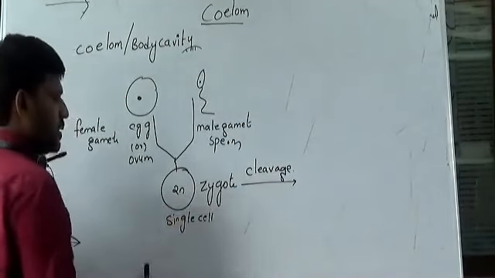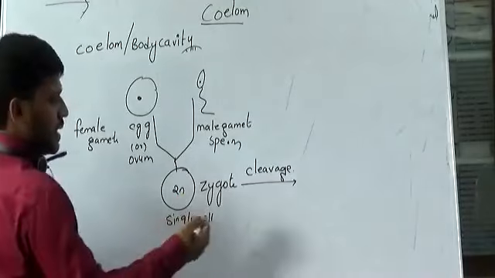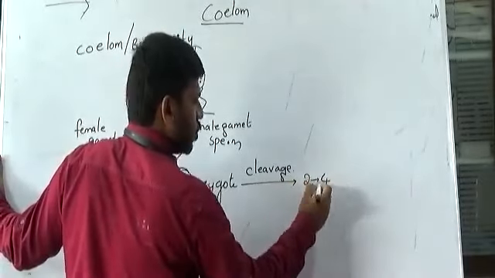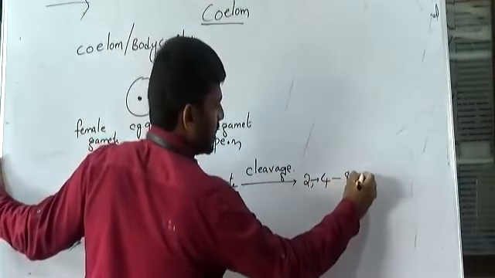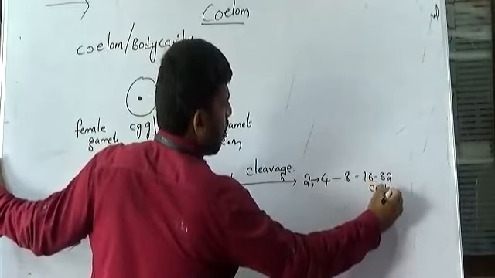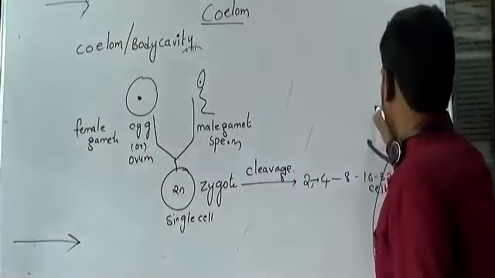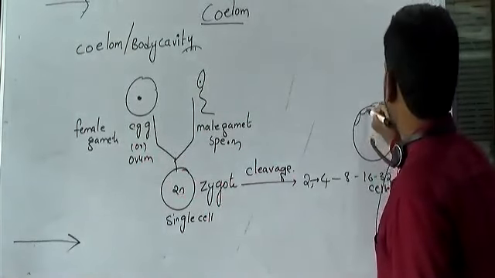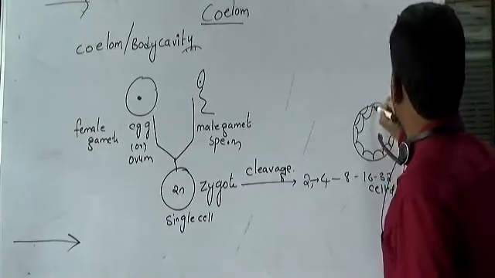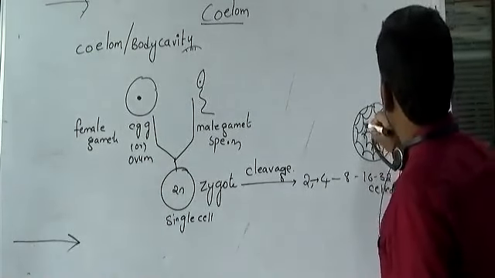Now, this cell goes for division, cleavage, which results in the formation of two cell stage, and again 4, 8, 16 to 32 cell stage, which we call as morula. It is a solid ball-like structure which contains many cells called blastomeres.